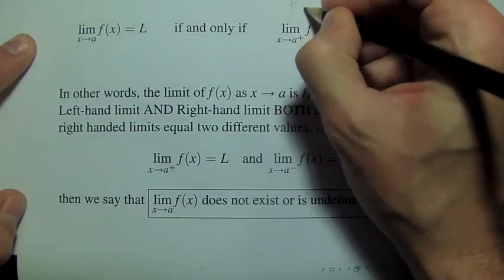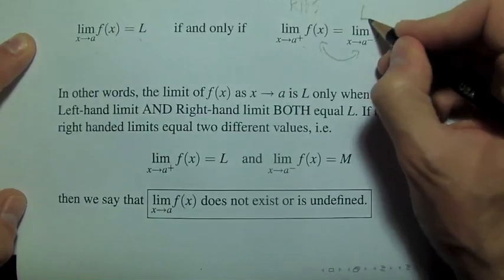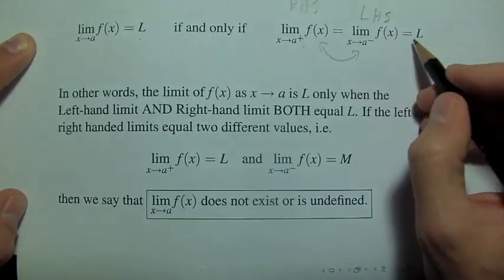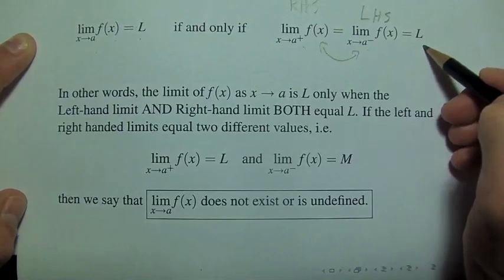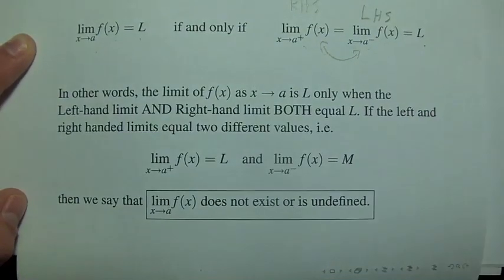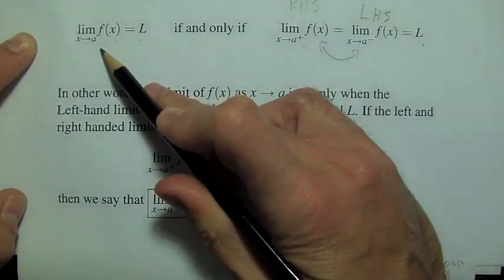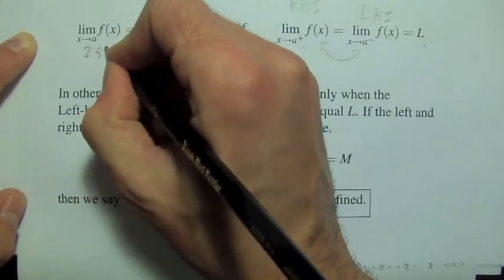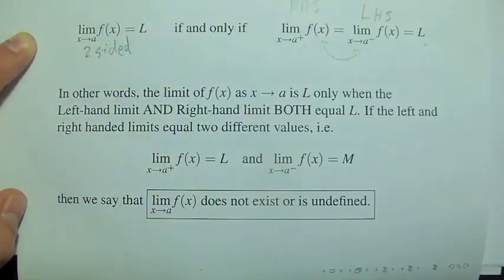This is from the right-hand side, this is from the left-hand side. If they're both equal to L, that's the only way that the two-sided limit is going to equal L.